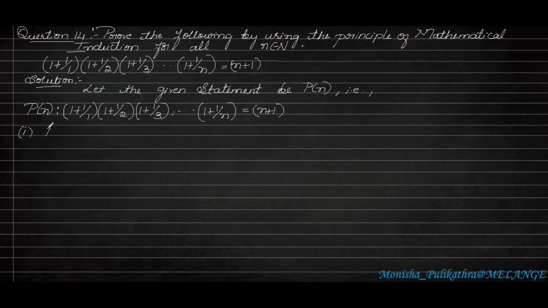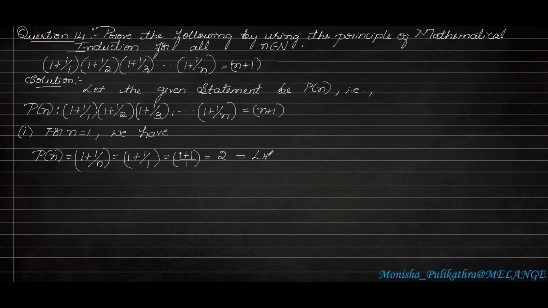Next, for n is equal to 1, wherever n is there, we have to substitute 1 in the place of n. So the equation becomes P of n. So the whole series ends with this. So I will directly take 1 plus 1 by n. So this will become 1 plus 1 by 1, that is equal to (1 plus 1) whole divided by 1, that is equal to 2.